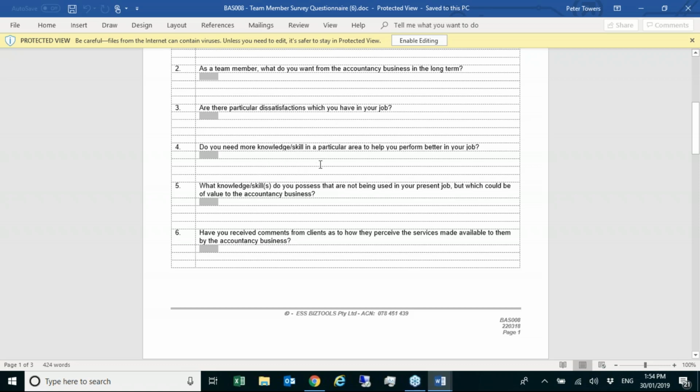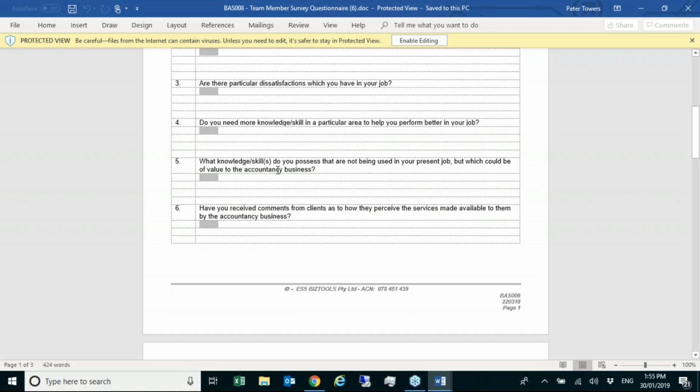Now and again, we find that someone's got some skills and knowledge that people aren't aware of, or they're not using, or they've forgotten that they had. In one firm, I found that an accountant had been a journalist in a previous life, and that firm was struggling with putting out social media type releases, and they had a journalist on their staff. So they said, oh, okay. But she was a rather shy lady.